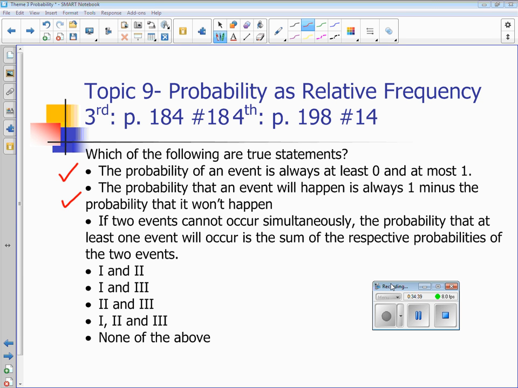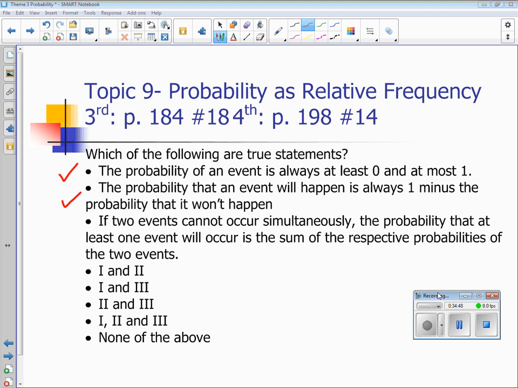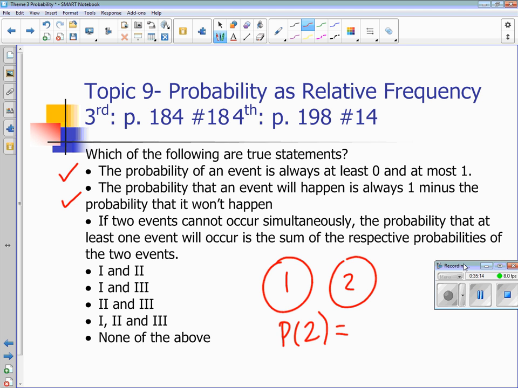Someone say that in English or in math. Devin, explain it to us in math. Which means that the Venn diagram would look like this, which means that, give me a stats word that means that. They are mutually exclusive. Keep going. They're disjoint, yep. The sum of the two probabilities is the probability of one of them. So if we call this 1 and 2, the probability that 2 occurs is equal to the probability of 1 plus the probability of 2, which doesn't make any sense.